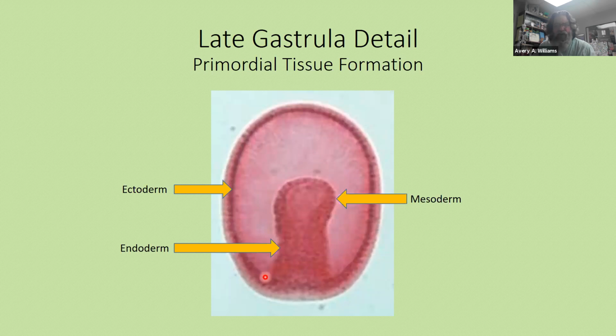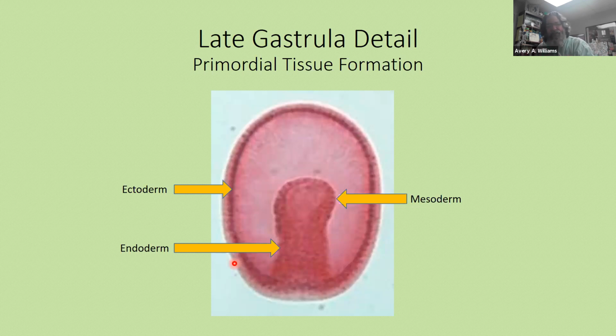But this is very, very, very early in development. This is still in the cleavage stages. If this was you, this is what you would look like right before you're implanting into your mother's endometrium in the uterus.